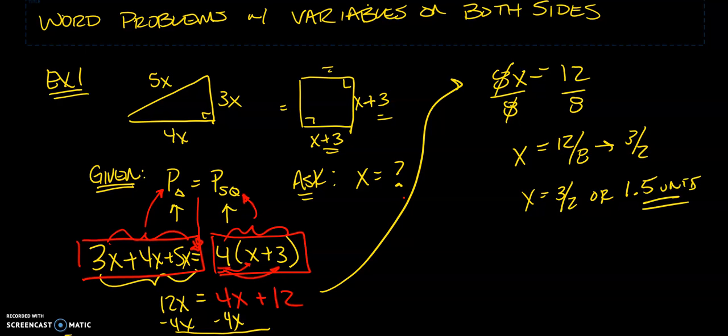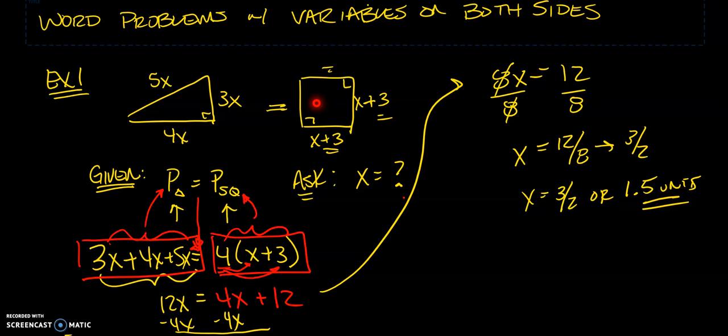It could be centimeters, it could be feet, inches, miles, it doesn't matter. In other words, the perimeter of this triangle is equal to the perimeter of this square when x equals 1.5. Only when x equals 1.5.